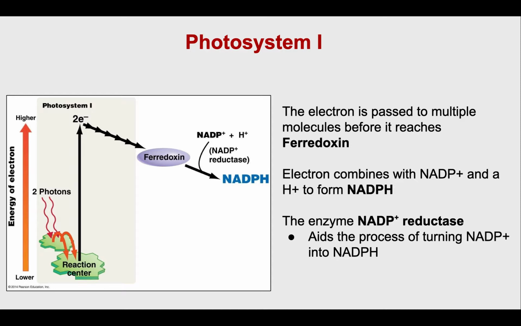It's going to add that missing hydrogen and those missing electrons back into the molecule in order to create NADPH. So we're essentially recycling this molecule back into NADPH. NADPH is where that electron is going to finally end up. The electron has completed its journey at this point.